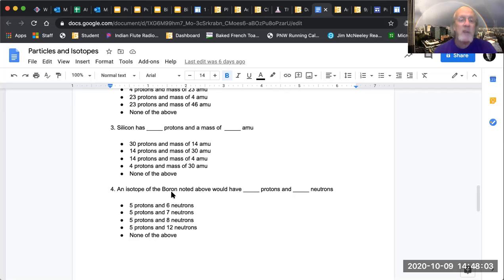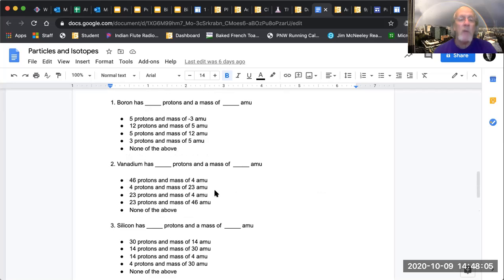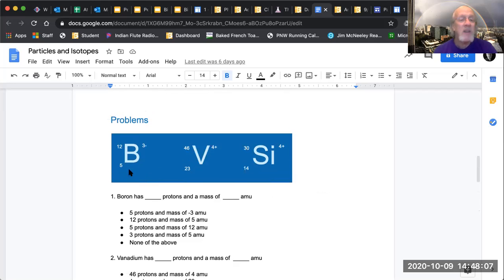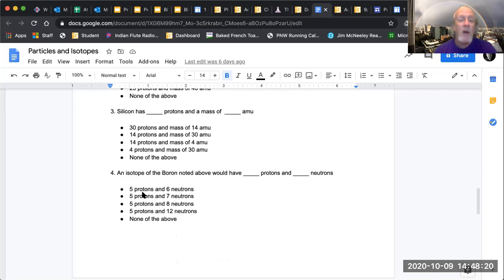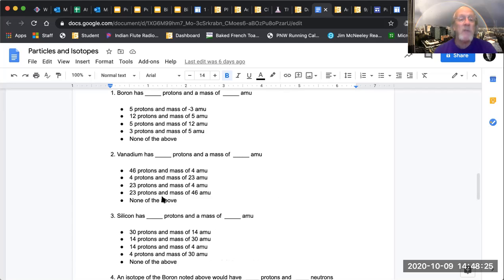Okay, an isotope of boron noted above. Well, if it's an isotope of boron, it still is boron. It's got to have 5 protons. But this number up here, the mass would have to be different. So 5,11, 5,13, 5,14, 5,10, any of those would work. So let's see what we have. 5,6 would work because that would be 11. 5,7, let's see, 5 plus 7 is 12.